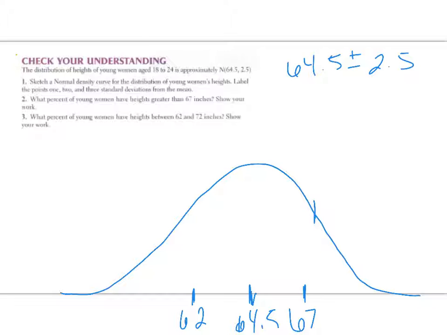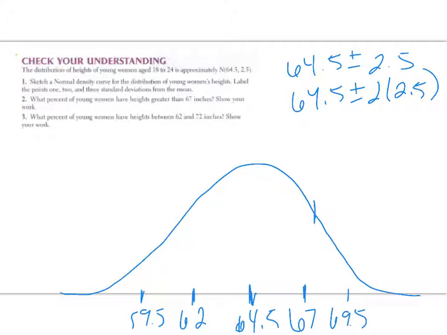2 standard deviations, so I need to calculate plus or minus 2 times 2.5. So 64.5 plus 5, so I get 69.5, and 64.5 minus 5, I get 59.5, and I need to go all the way out 3 standard deviations for my 99.7% of my data points.